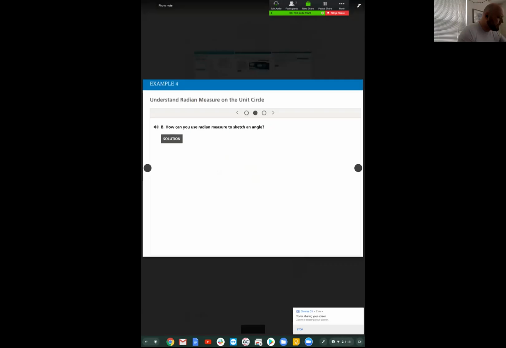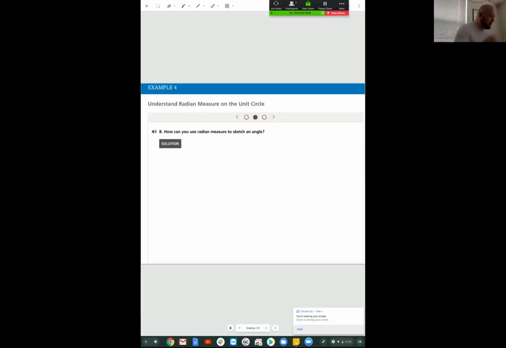All right, part B of example 4. How can you use the radian measure to sketch an angle? I think we kind of already did this, but let's throw up some axes and draw an XY axis.